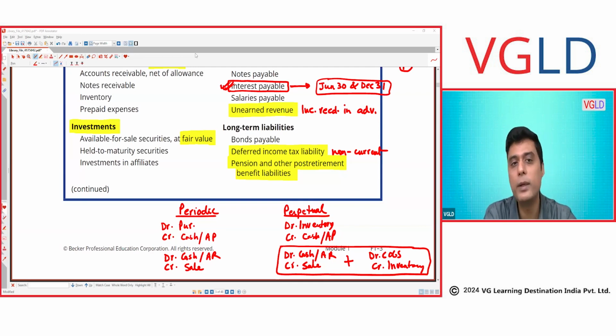So I would be interested in knowing if there is any real life example where a company had classified it as held for sale before meeting the criteria. That means they had not gone so far ahead in the process, but still classified it as held for sale, which is a violation of GAAP in a way. If you come across such an instance, please share with me, and maybe I will share with all the students so that we can enrich each other's knowledge.